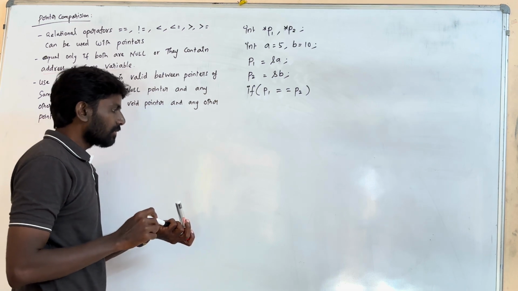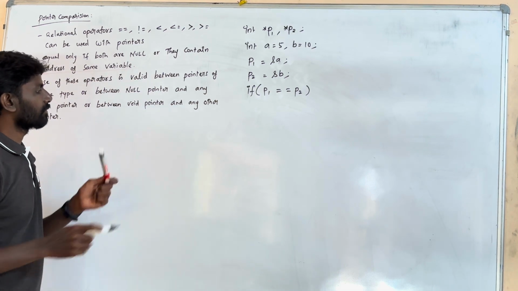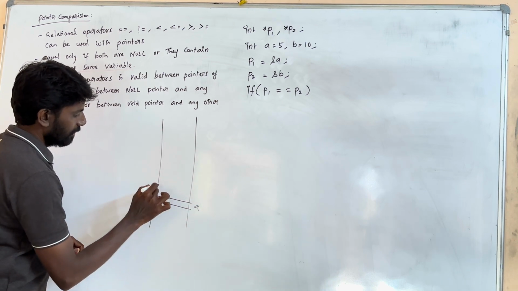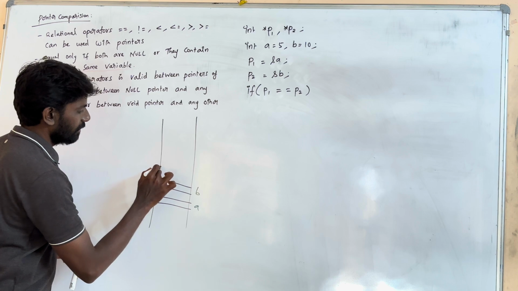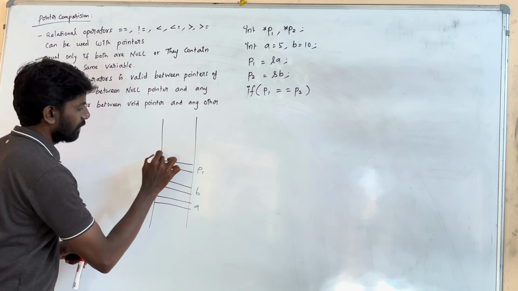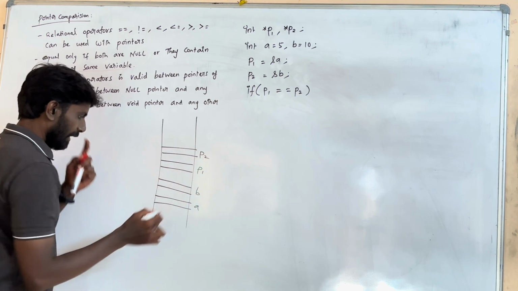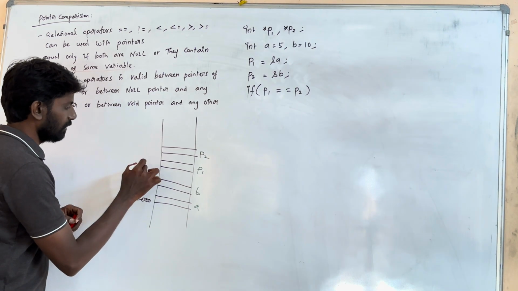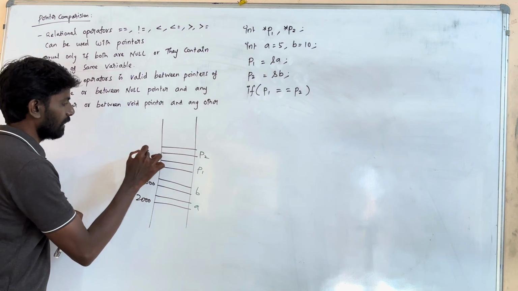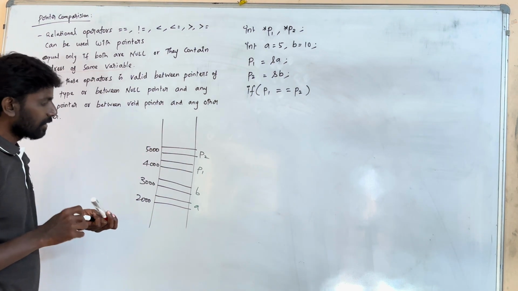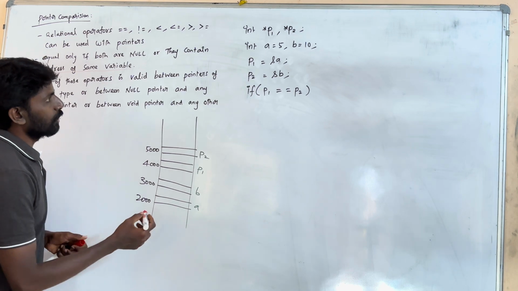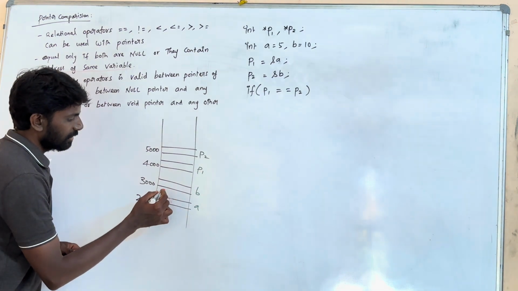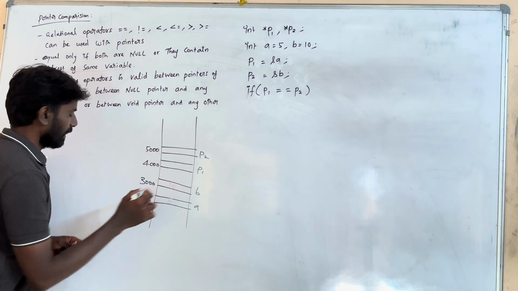Will it be the same? Let's consider a, b, P1, P2. Let's assume a's address is 2000, b's address is 3000, P1's is 4000 and P2's is 5000. So in a you have 5, in b you have 10.